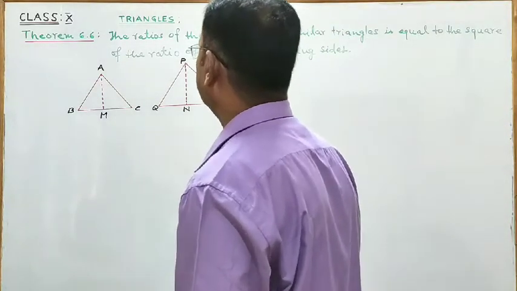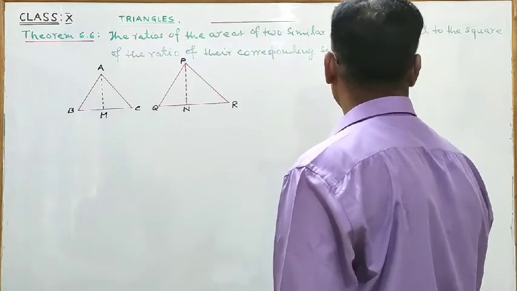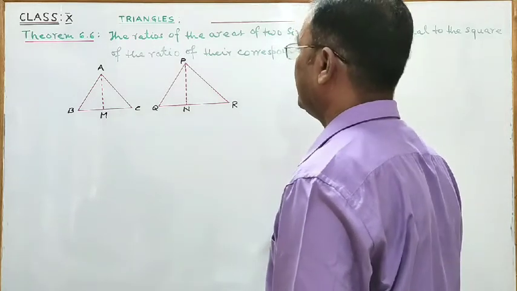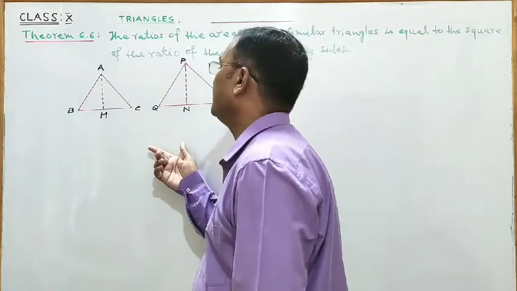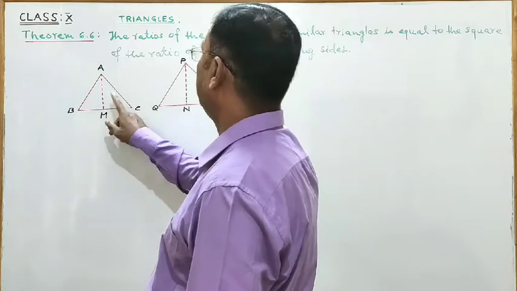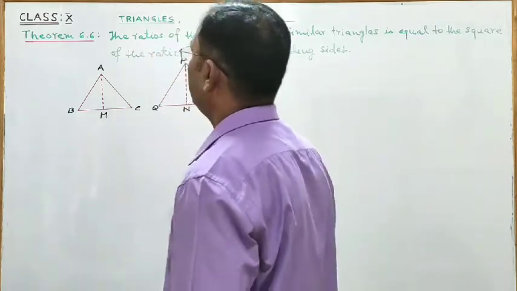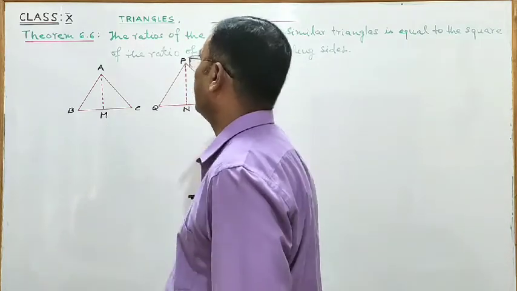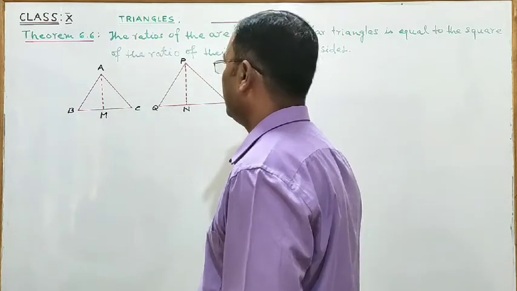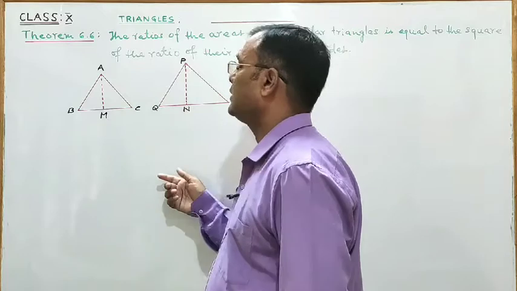Theorem 6.6. The ratio of the areas of two similar triangles is equal to the square of the ratio of their corresponding sides. Here we are given two triangles ABC and PQR which are similar, and we have to prove that the ratio of areas of these two triangles ABC and PQR is equal to the square of the ratio of their corresponding sides.